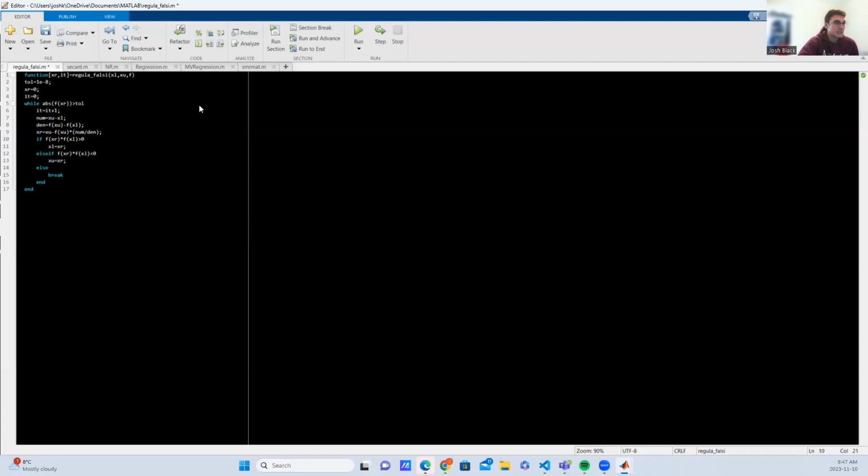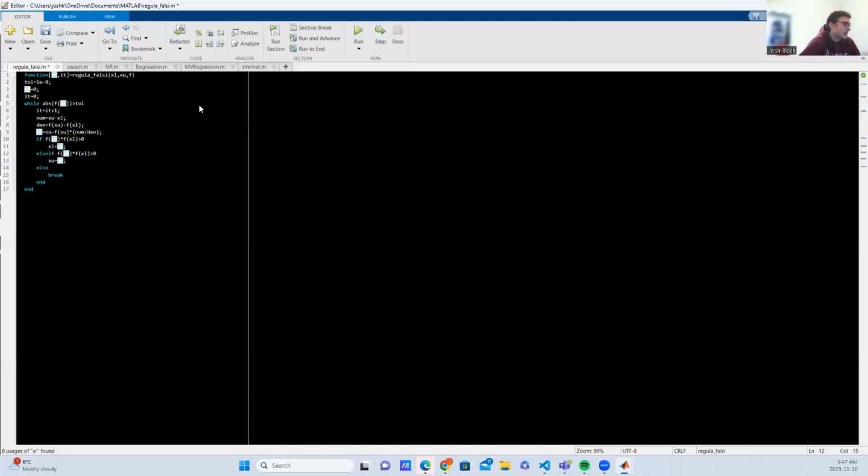From here, we do our if checks. So if f of xr times f of xl is greater than 0, we said that means our answer is closer to the real root, but it's a negative value. So we're going to make that our new XL. Else if, so we want to check another if statement, just for consistency here.